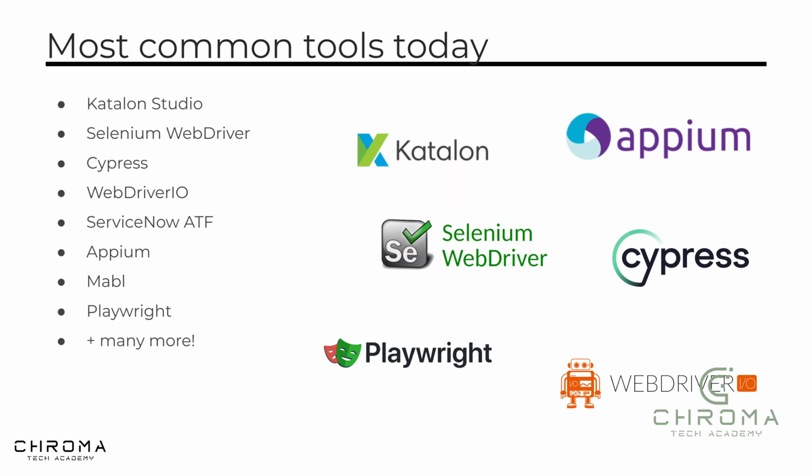I'm sure that with time, ServiceNow will continue to improve this tool, but as of right now, it is not a good tool to automate customized ServiceNow apps. Then there are tools like Appium, used for mobile and desktop automation and other types of automation that are good. Playwright is also another tool, just like Selenium. You can use Java as well. So if you really like Java and want another tool where you can use Java, Playwright would be a really good tool as well.